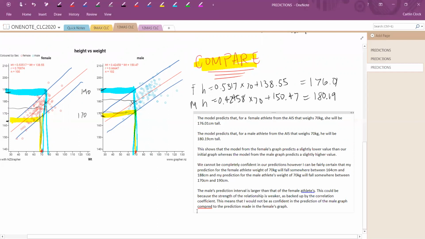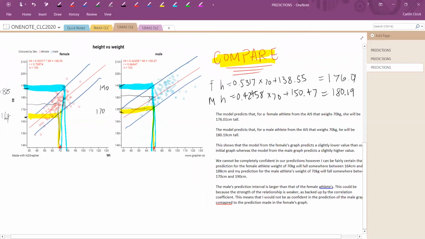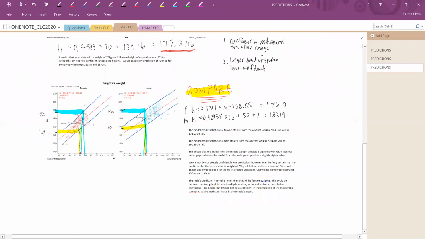Okay? And this is a really good thing for us to make a comparison about because the whole entire report that we're writing is essentially coming to this point, right?